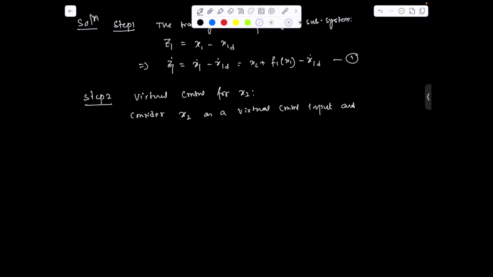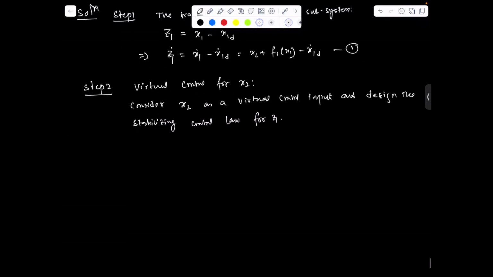and design the stabilizing control law for G1. In this particular topic, you will have more than 5-6 examples, and I hope through these examples you'll have a better understanding of how to design backstepping control for nonlinear systems.